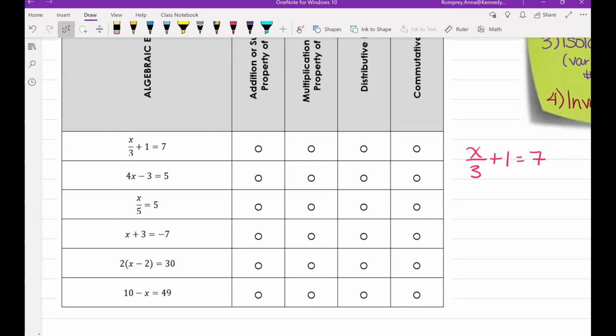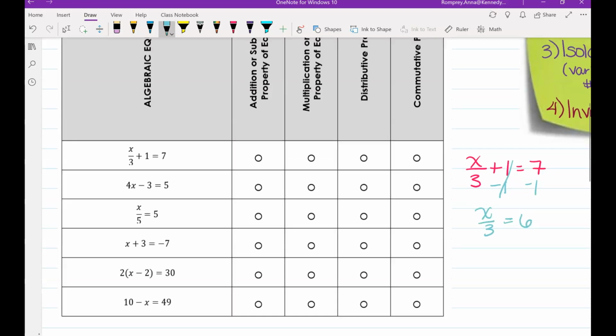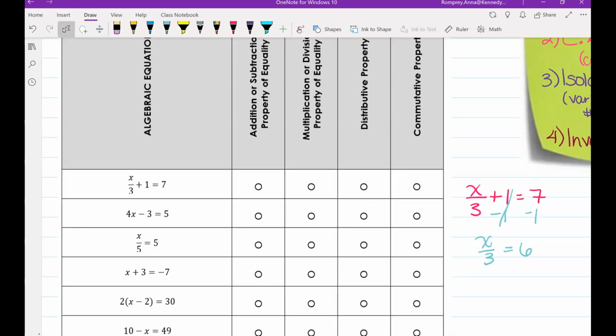So I'm going to undo any addition and subtraction. So first I'm going to undo this plus 1, and its inverse would be minus 1. So I get x divided by 3 equals 6. So what property did we just use? We just subtracted from each side, so that is the addition or subtraction property of equality.